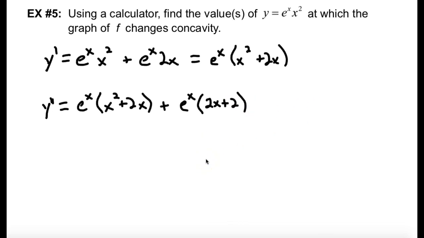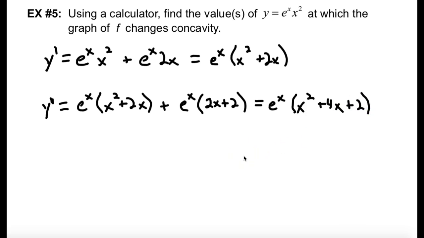Now, again, I can factor an e to the x out of both of these terms and clean this up a little bit. So e to the x times, and I'll just be adding these 2 pieces together then. So I'll have x squared plus 2x plus 2x, which would be plus 4x, and then plus 2.